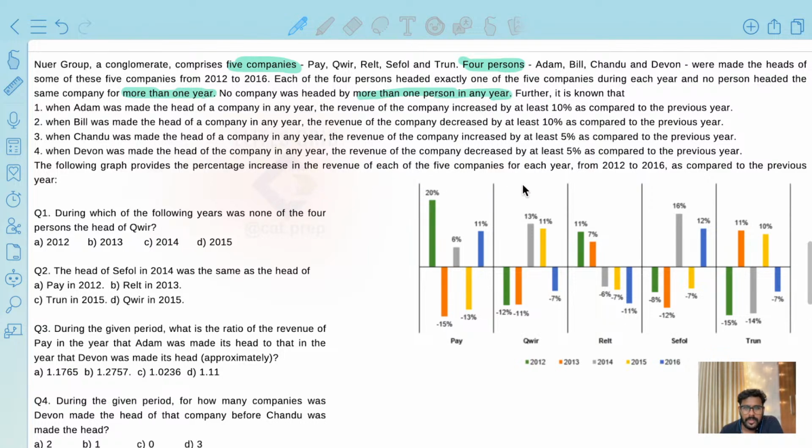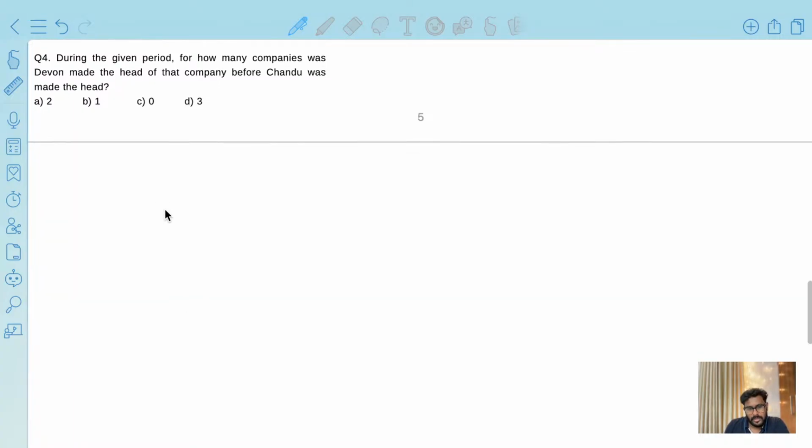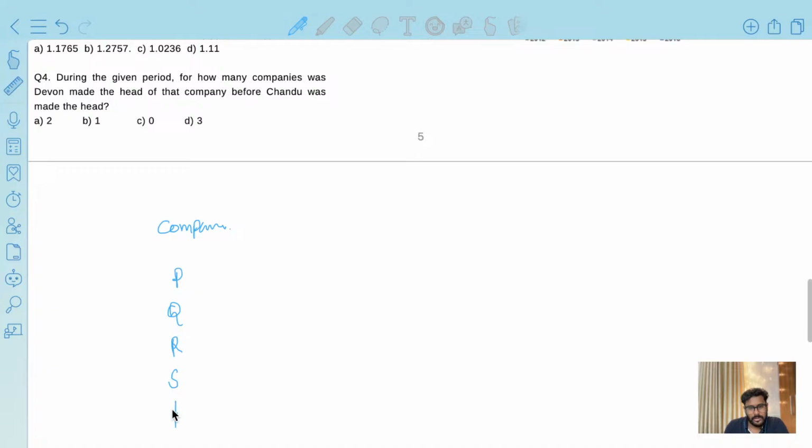Increase in the revenue of each of the companies for two. So let's make a company table: P, Q, R, S, T, right?